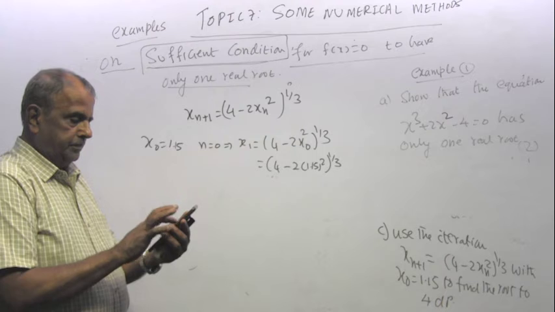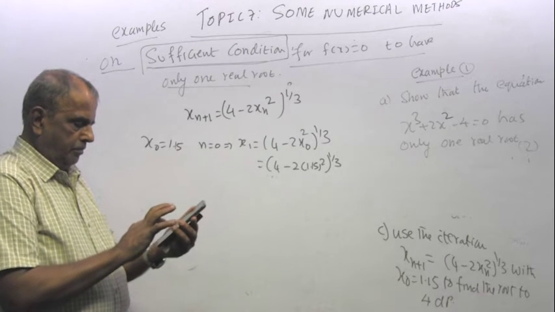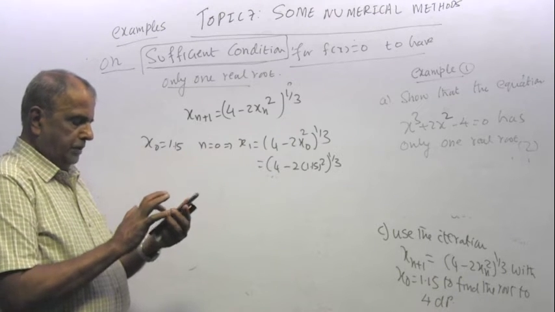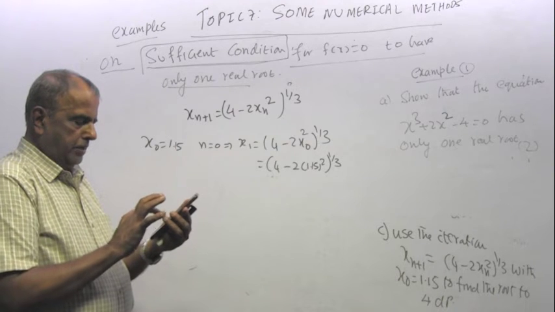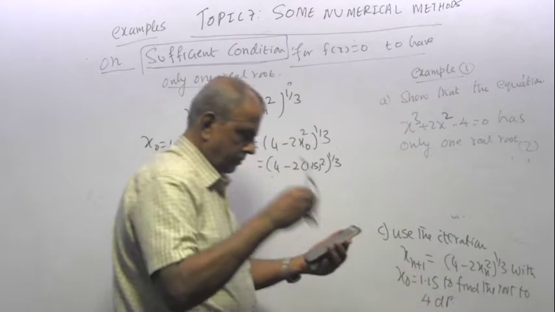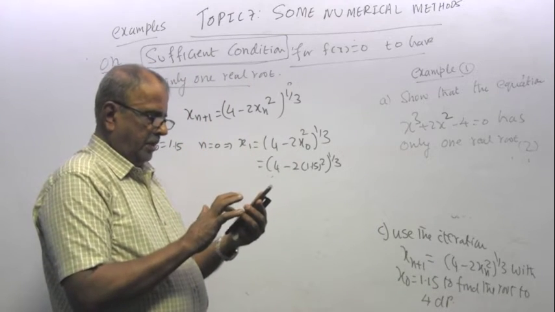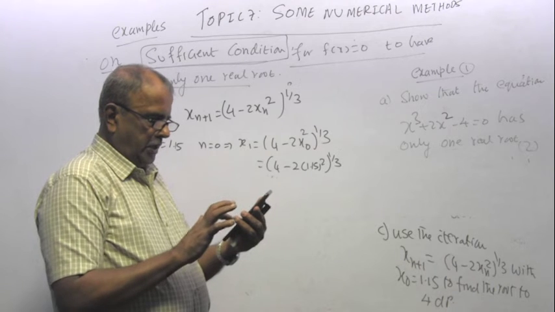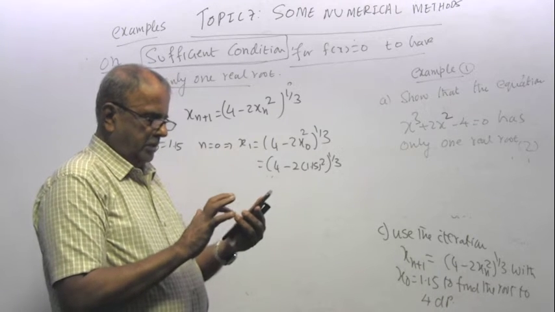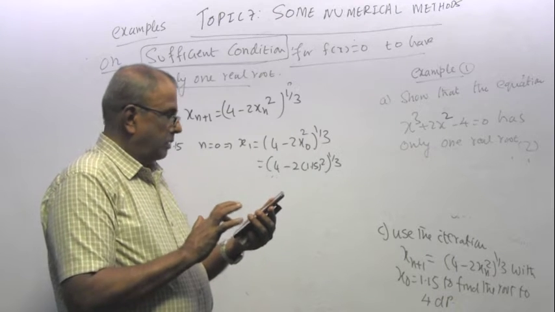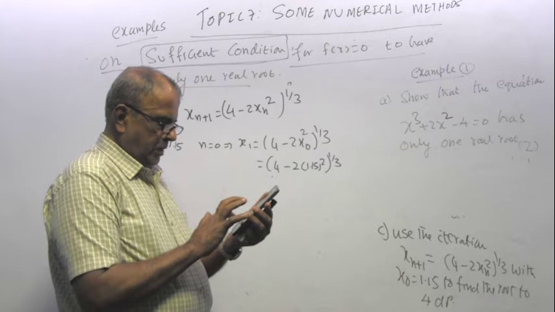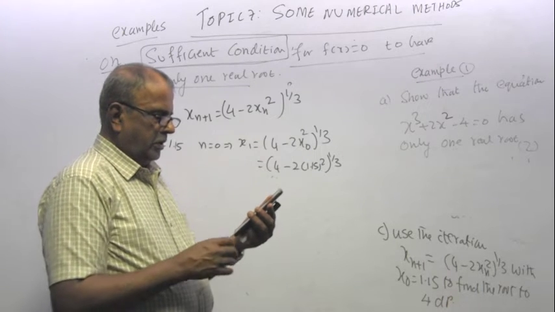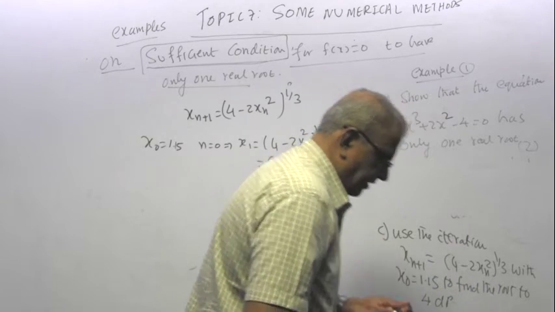So let me do this. Shift cube root, bracket 4 minus 2 bracket 1.5 squared close bracket, equal to 1.10657 something.